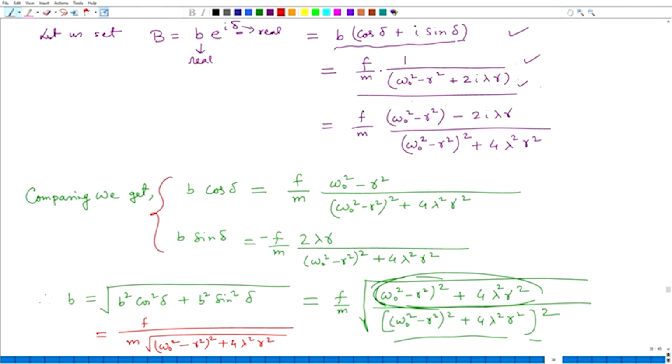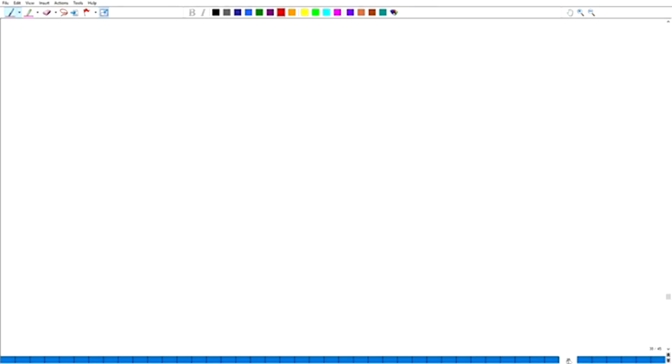And in the same way you can also write an expression for delta. How to do it? You just have to divide this thing by this thing. If you do that, you will find tan delta, and again, there is a minus sign, so do not forget that minus sign.